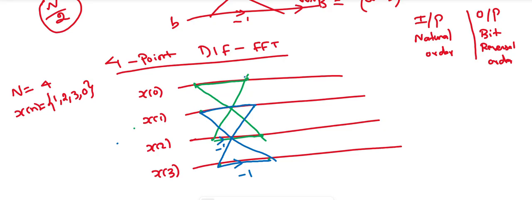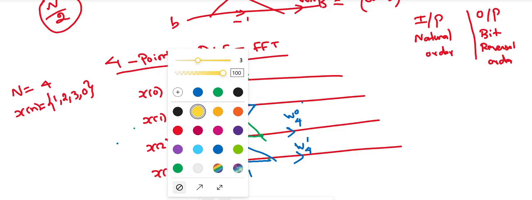So for the lower wing butterfly, the structure will be this output. Our first butterfly, as per the basic computation, has the twiddle factors W_4^0 and W_4^1. Then the 2-point computation.